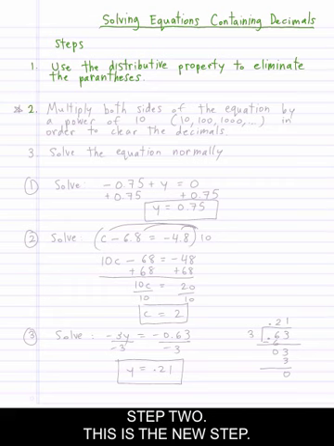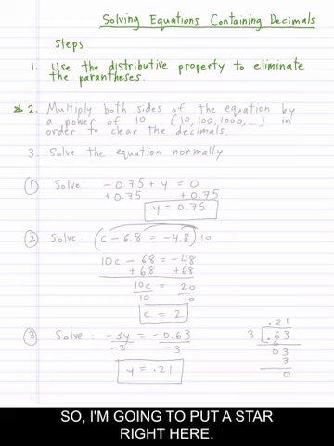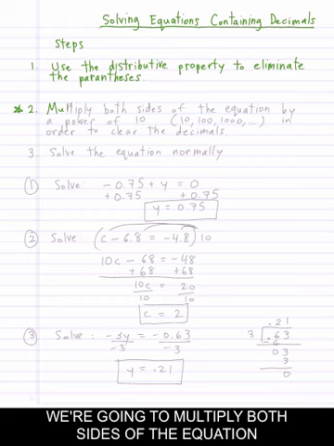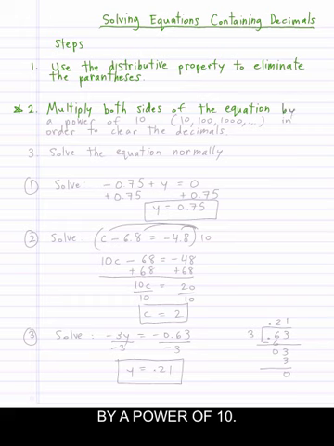Step 2. This is the new step, so I'm going to put a star right here. We're going to multiply both sides of the equation by a power of 10.